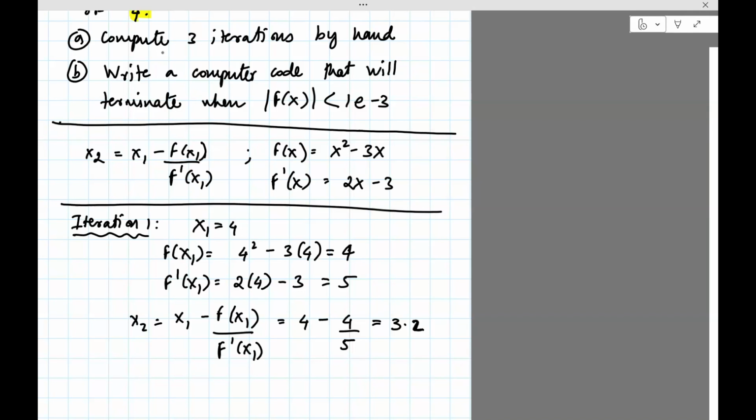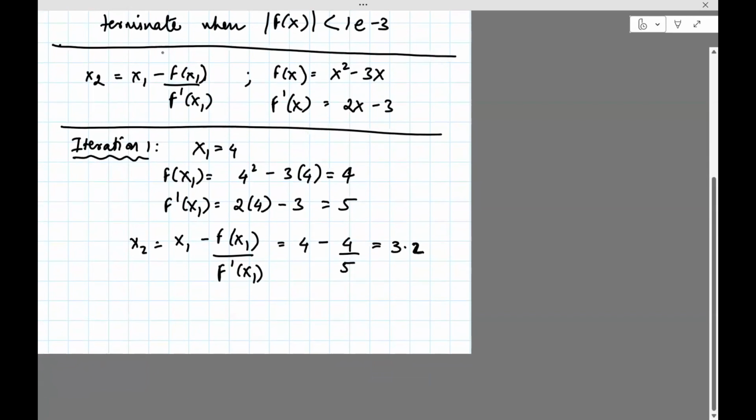So we did this. We have to still check for convergence, okay, every step. So we check f of x2, which is 3.2 squared minus 3 times 3.2, which is, I got 0.64, which is greater than 1e negative 3. So we have not converged to the solution. It's not small enough that we can stop.